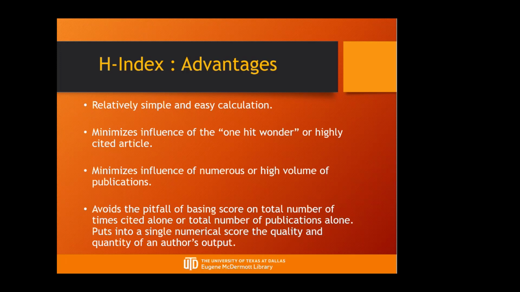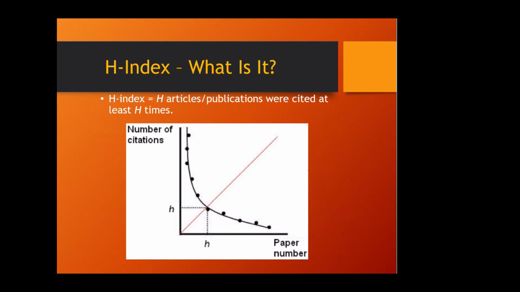So simply put, the H-index is based on the distribution of citations received by a given researcher's publications. As Hirsch states, a scientist has an index H if H of their papers have at least H citations each, and the other papers have no more than H citations each.